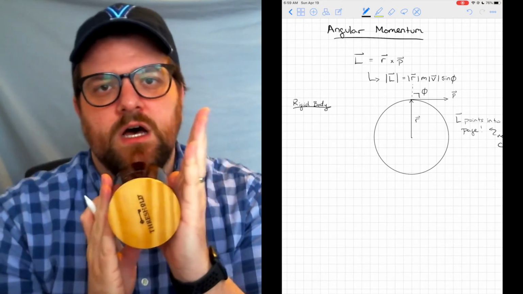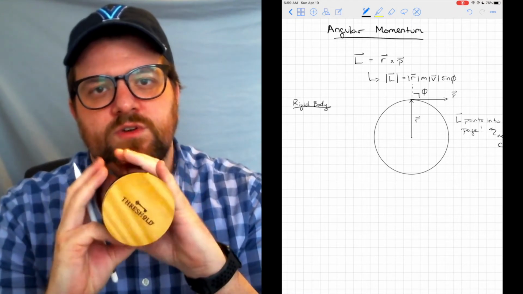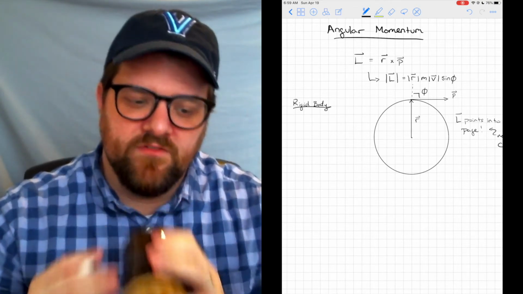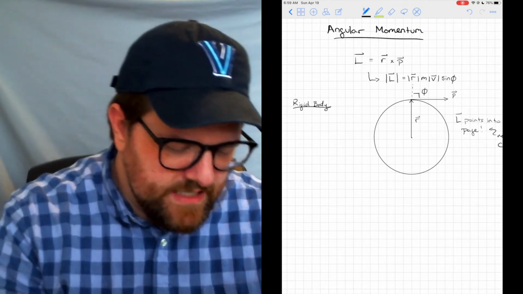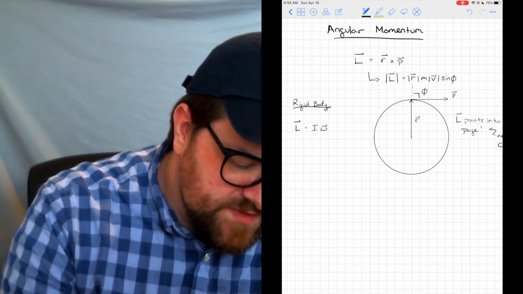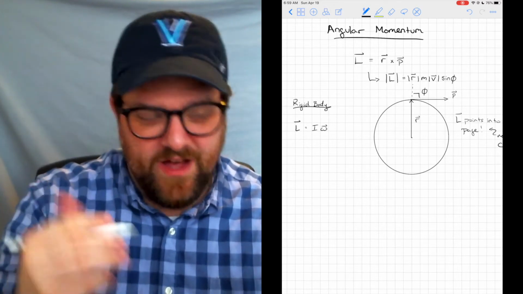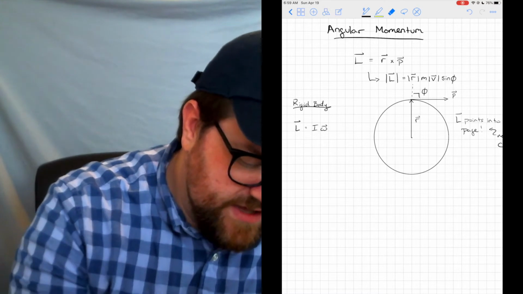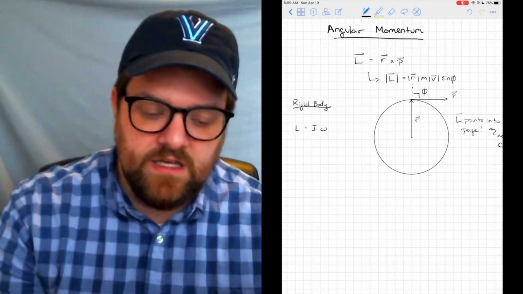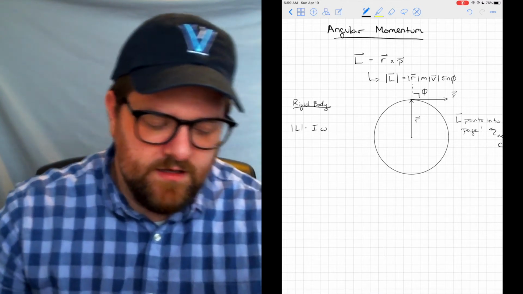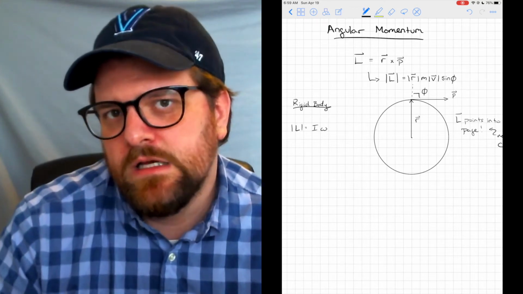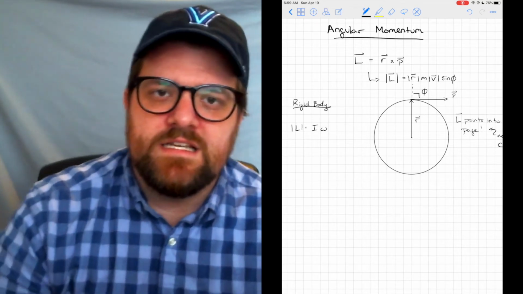But if I think about the angular momentum of this rotating candle, I'm thinking now that it has a moment of inertia, and I can say L is equal to I omega, which means omega actually needs to point in and out as well. I'm going to get rid of that for now and just talk about the magnitude of L, just so that it's nice and straightforward.